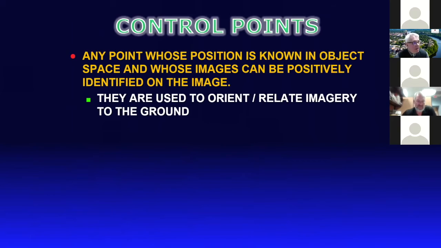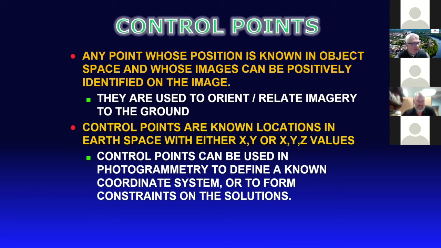As the name indicates, it's any point on the ground whose position is known in object space and whose image can be positively found on the imagery, like the corner of a bridge abutment, a road intersection, a lot line. They're used to orient and relate imagery to the ground.